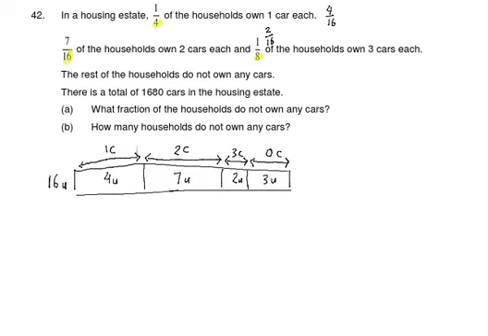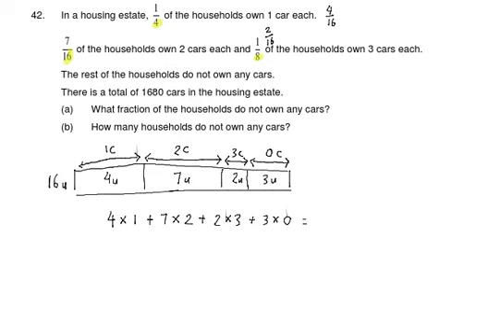Since this is a set type of question, you have 4 households, each owning 1 car, plus 7 households, each owning 2 cars, right? And you have 2 households, each owning 3 cars, and of course 3 households with 0 cars.